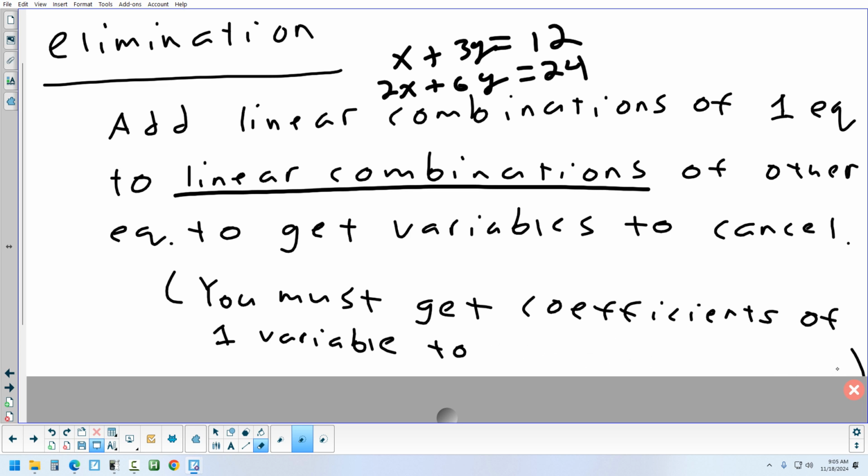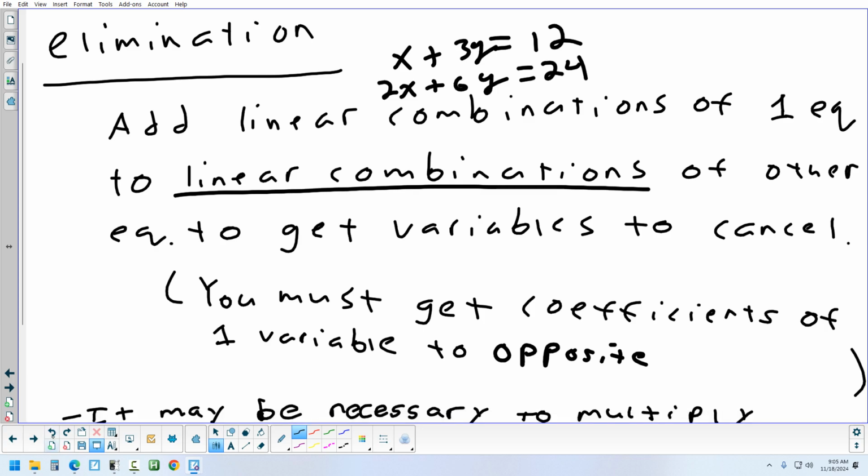But the goal is to somehow make it so that one of the letters in your first equation is the opposite of that letter in the second equation. So if you had a 3x in the top equation, you somehow want to get a negative 3x in the bottom equation. You want them to be opposites.